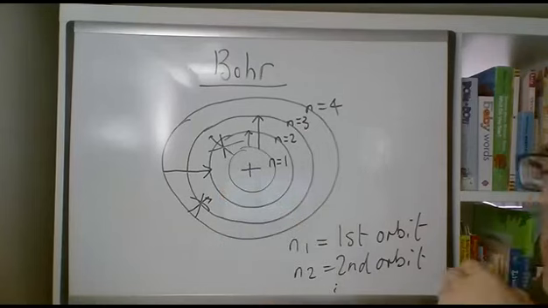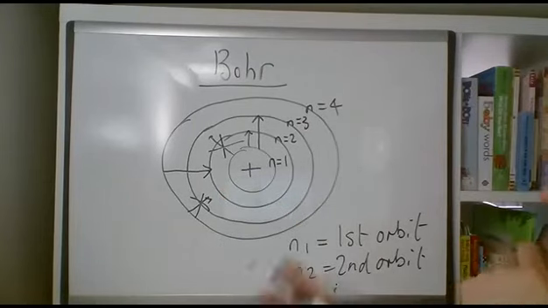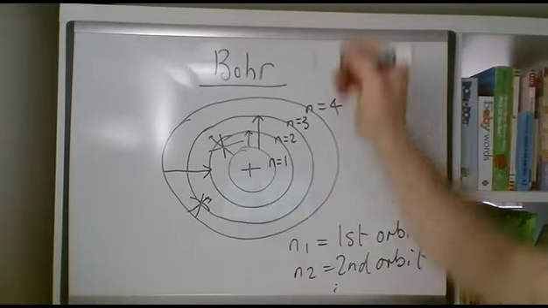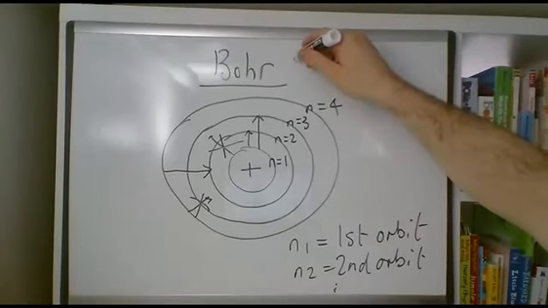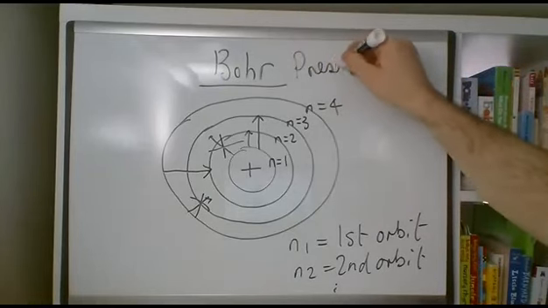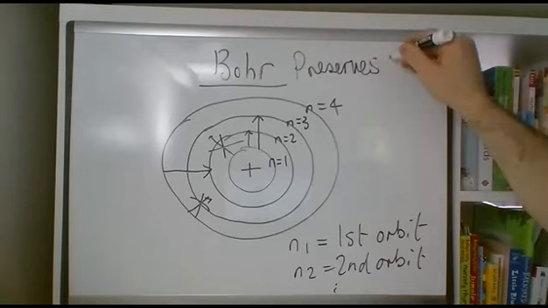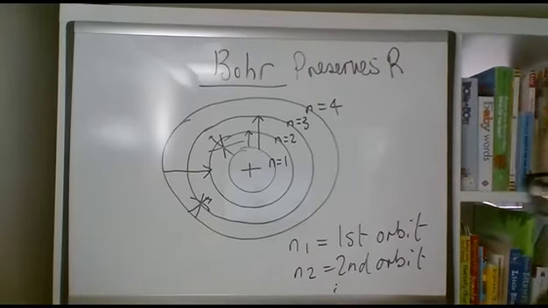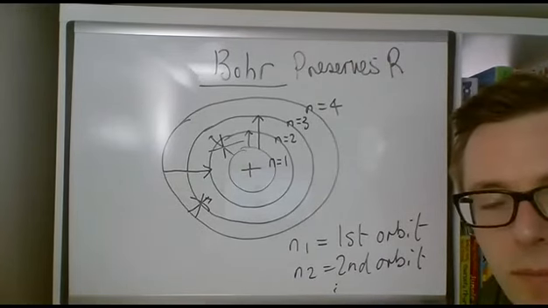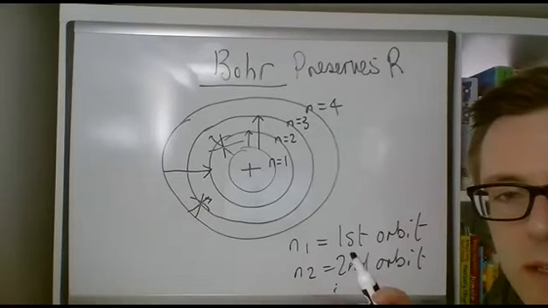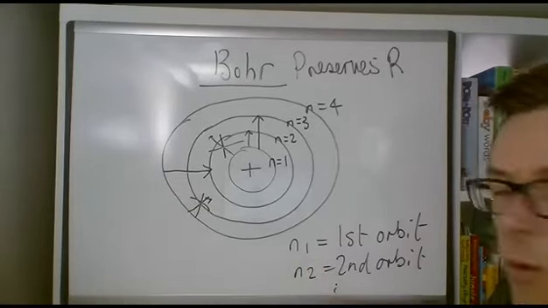The atom can't just smash into the nucleus. So the success of the Bohr model is that it preserves the radius r of matter. The universe now has a finite size and it agrees with what we see.